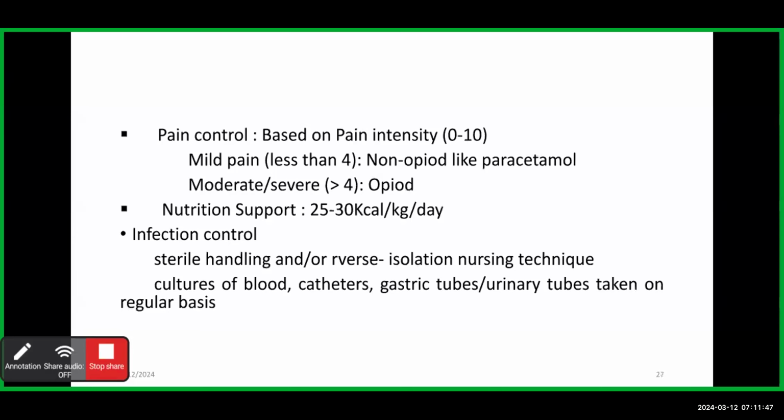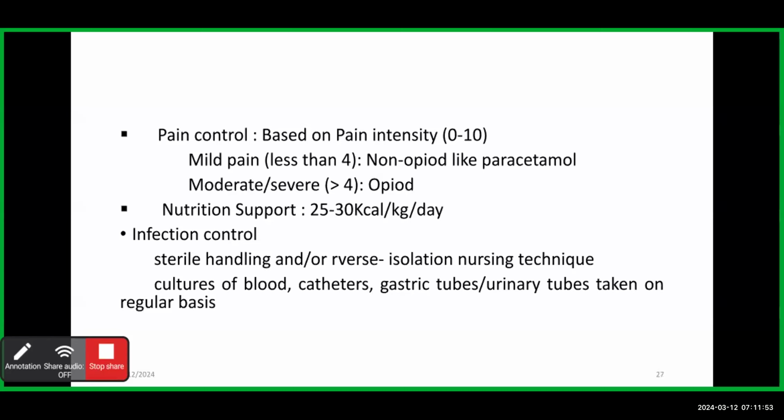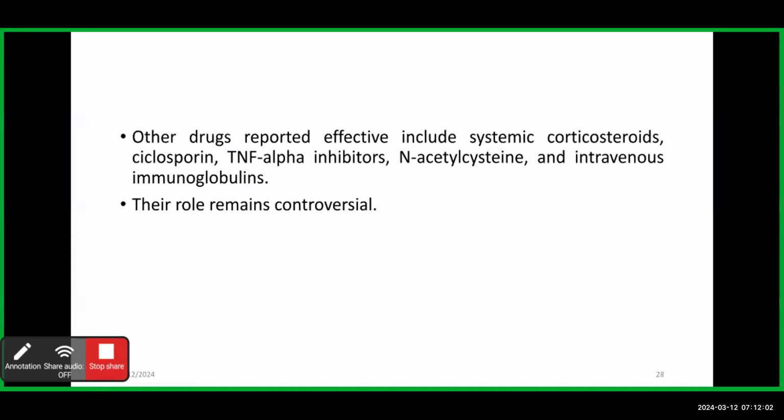Then pain control too is very important. Nutrition support, infection control, and wound management. You shouldn't forget that tetanus prophylaxis is very important, especially if the patient has not been vaccinated. The other drugs that have been employed include systemic corticosteroids and some immunosuppressants, though they remain controversial.